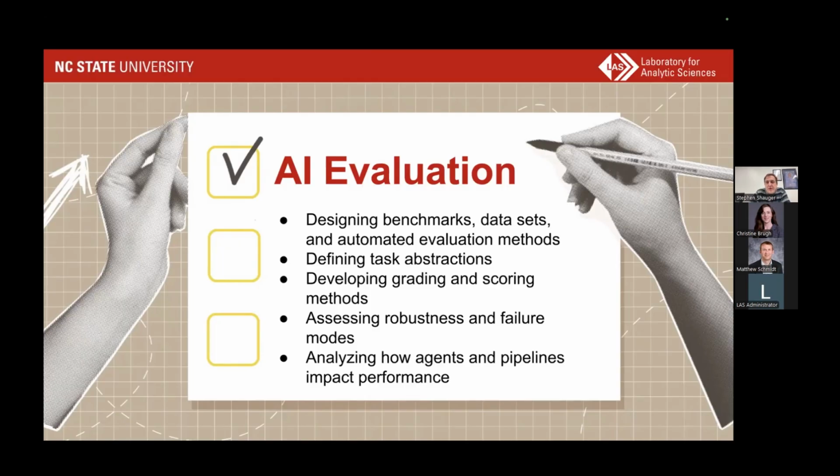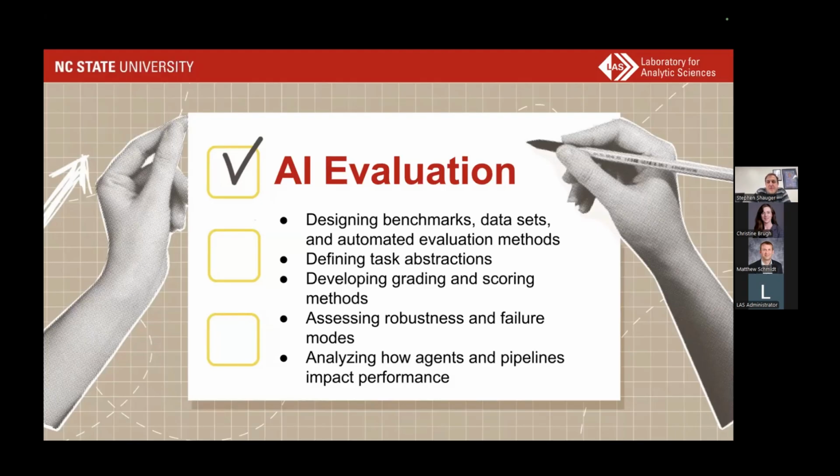This would involve the grading and scoring methods and figuring out what happens when the model fails. Does it report that it fails? Things like that. And finally, of course, adding AI agents into the mix makes everything more complicated, more nuanced. In particular, often the grader of the AI model is another AI model. So you can think of the benchmarking as an agentic infrastructure itself, because you're asking a model, did this other model get the answer right?